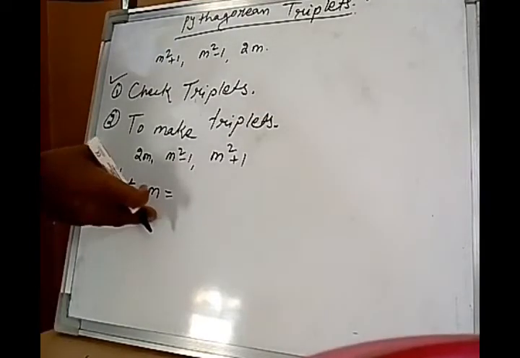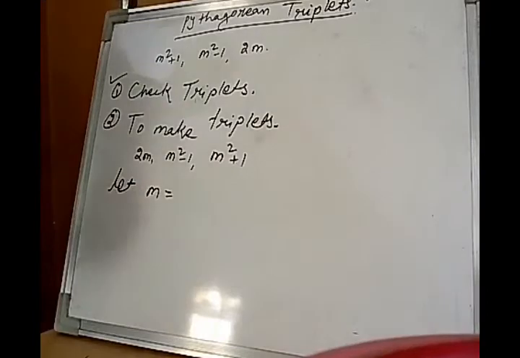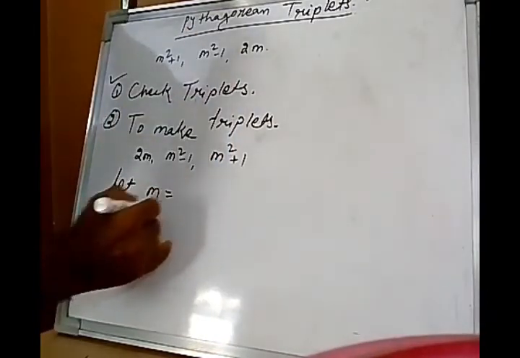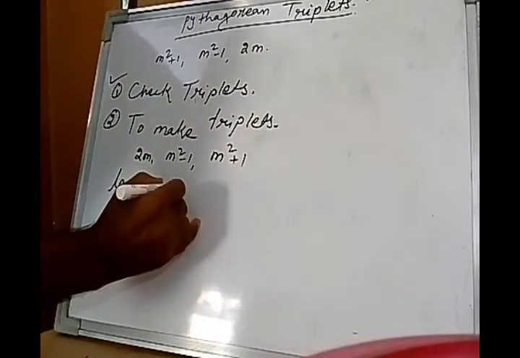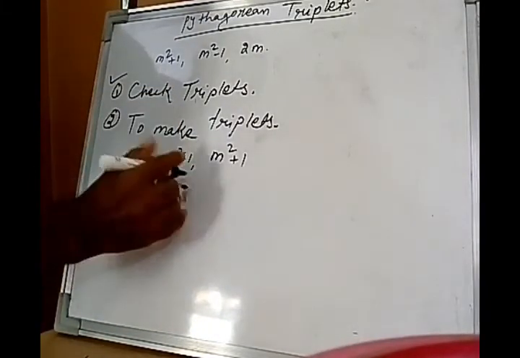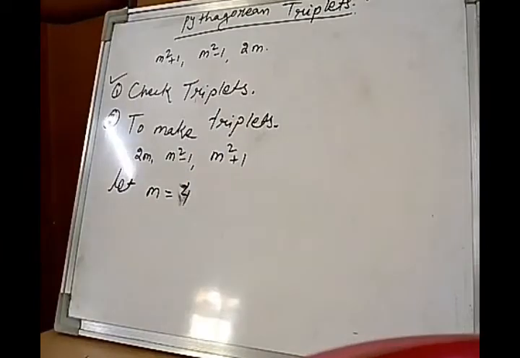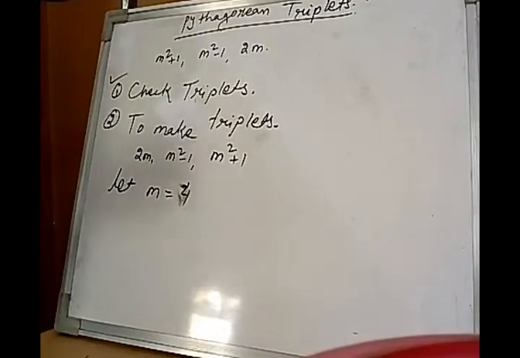So you can take the value of m also according to your choice. For example, I have done 2, and 3 also we have done. Let's take 4. Always consider small numbers only, then all the triplets will be small.